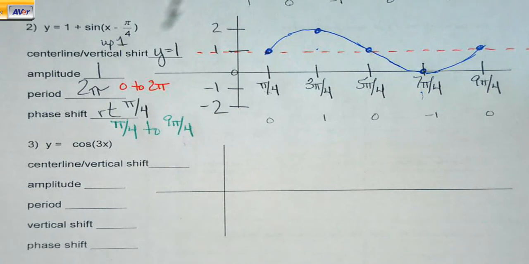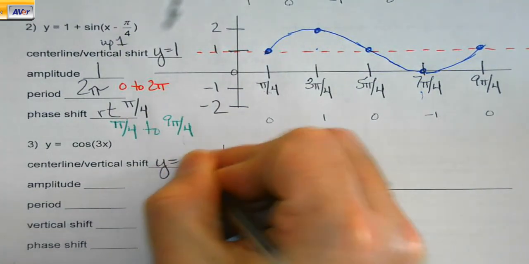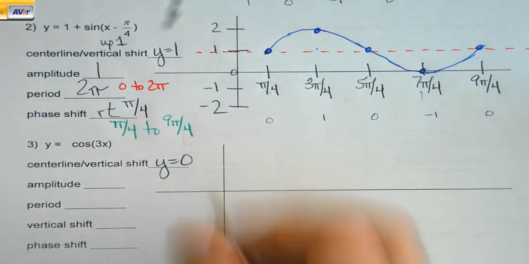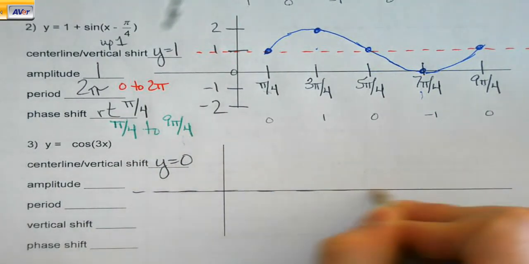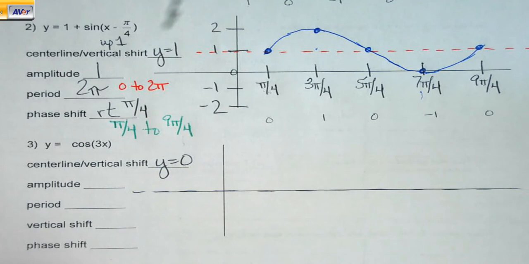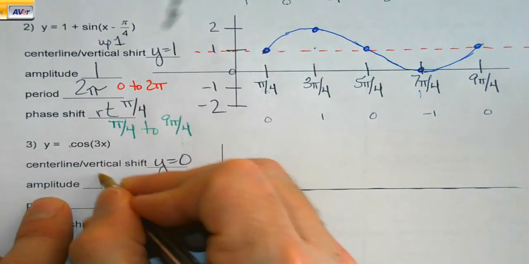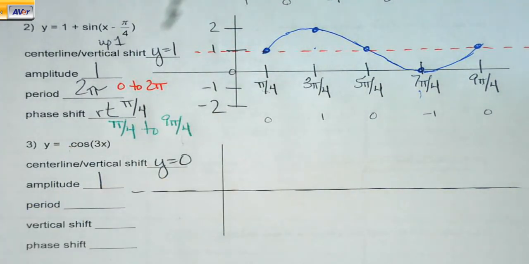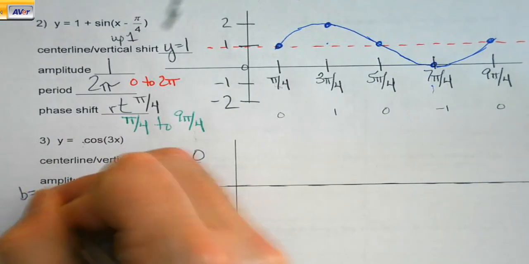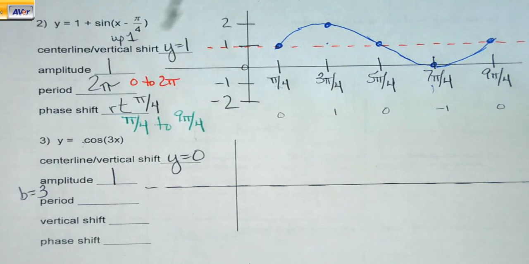Okay, cosine of 3x. No vertical shifts. Center line is going to be at 0. So if I want to get that in there, I can. Amplitude, nothing in front of my cosine. Nothing to think about there. Okay, period. This time we have a change, because I have a b value of 3.